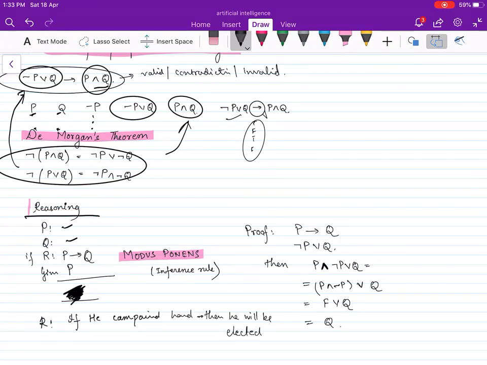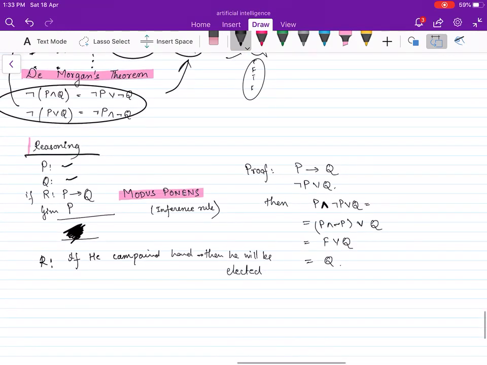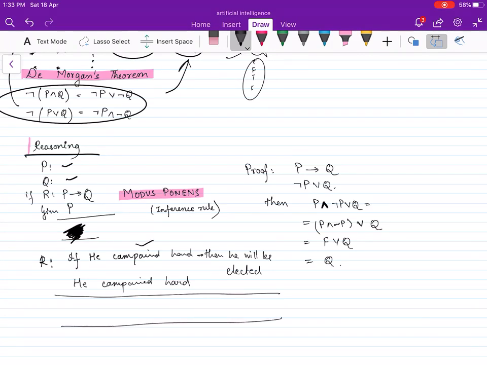This is P implies Q, and again P is given, that is, he campaigned hard. So what will be the solution of it? As both these sentences are true and P is also true, then it implies Q, that is, he will be elected. So this property is known as Modus Ponens.